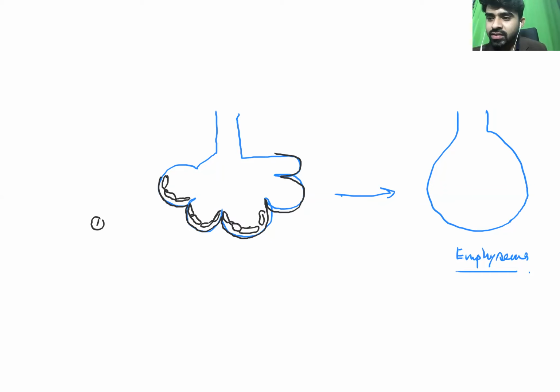Squamous epithelium. Correct. Absolutely, it has to be squamous because it will exchange gases ultimately. But is there a special name? Pneumocyte type 1 cell. Okay, you can remember. If you don't want to, that's a different issue, but you should.